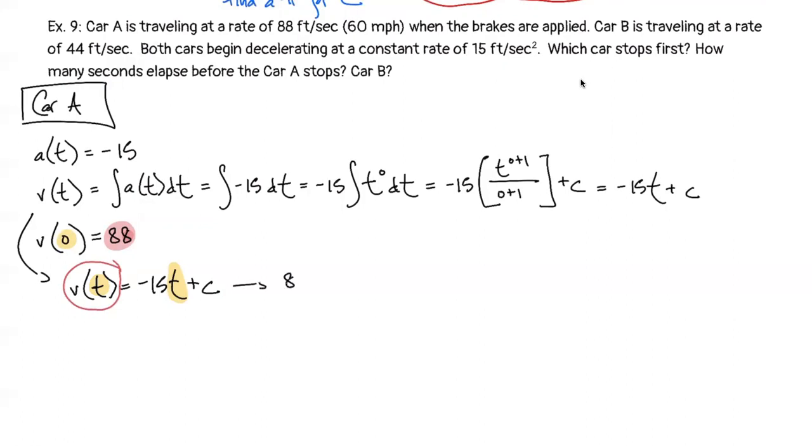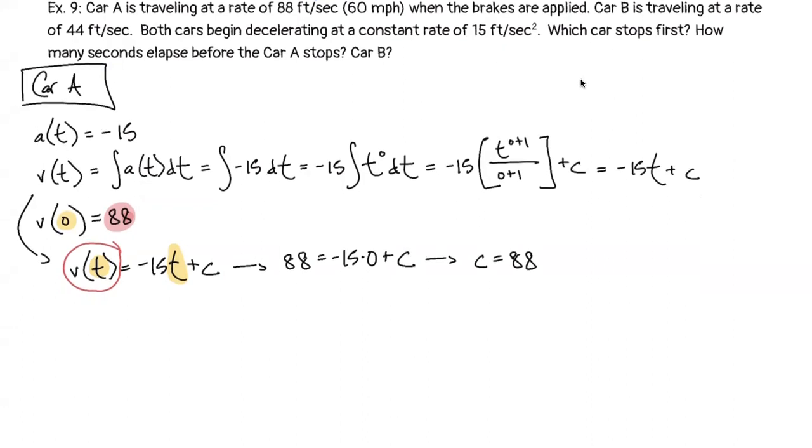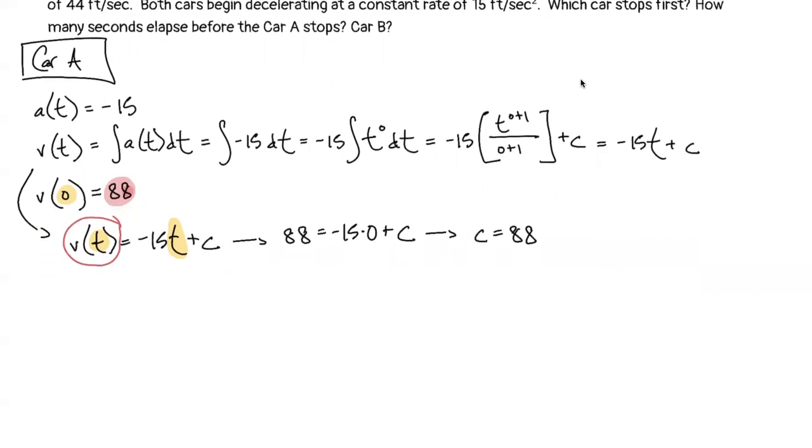And so we'll get 88 equals negative 15 times 0 plus c. Well, c is going to equal 88. Now I can write my velocity equation, with instead of negative 15t plus c, negative 15t plus 88.